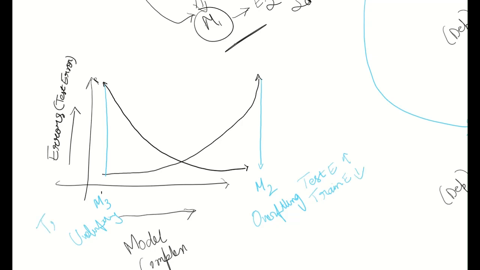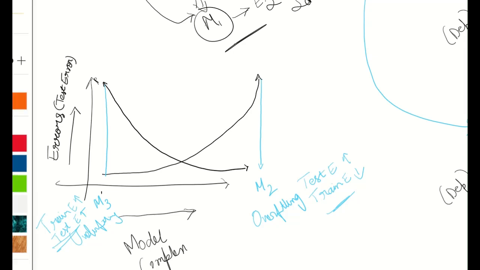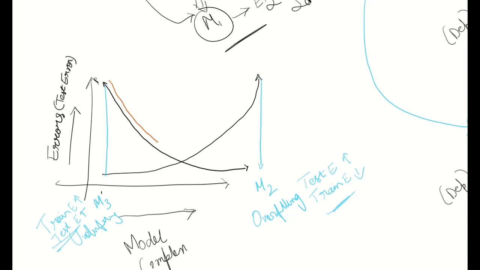Here, train error is also high, and test error is also high. Now, taking these examples, if we see how the test error varies, taking another color, the test error varies like this.